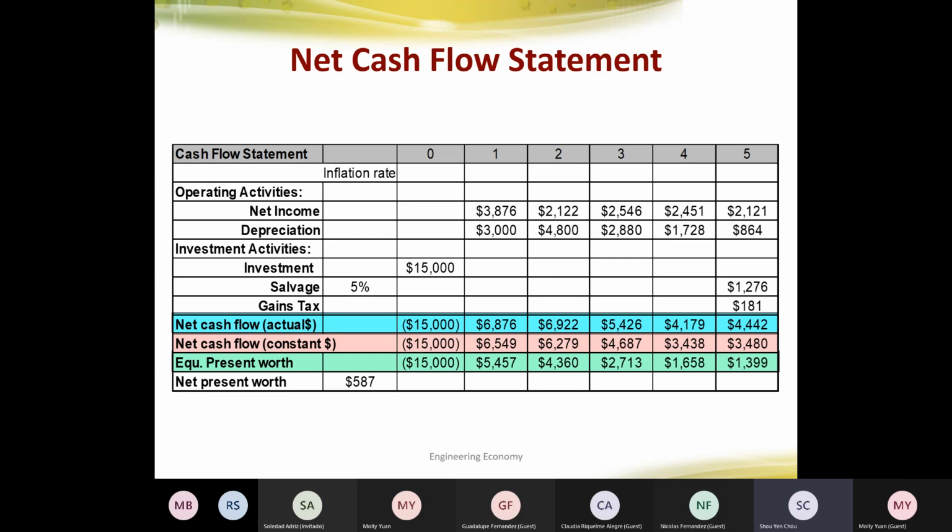The only difference is that now, because of tax reasons, the data that we have are considered as actual dollars. Since they are actual dollars, we need to convert them to constant dollars, then find the equivalent present worth. Of course, as we said earlier, we can compute the so-called market interest rate or inflation-adjusted interest rate.